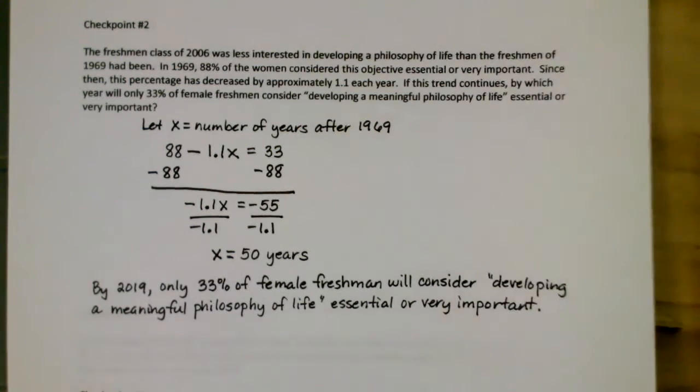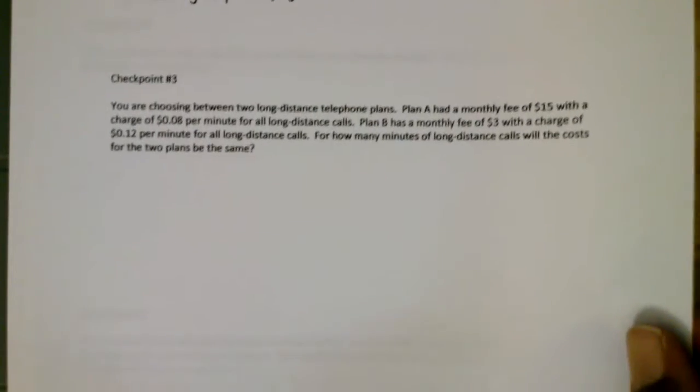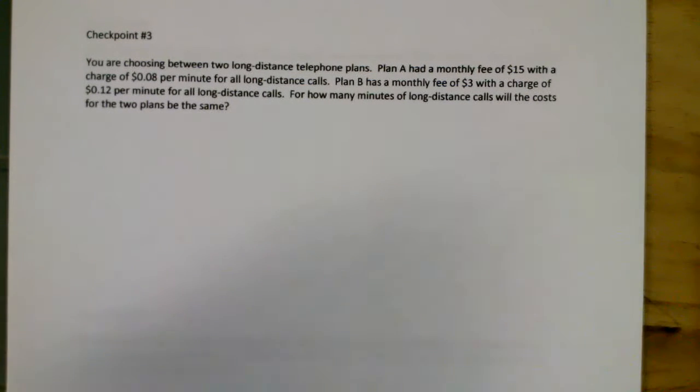Okay. Let's look at another example or another word problem like this one. You're choosing between two long-distance telephone plans. Plan A has a monthly fee of $15 with a charge of 8 cents per minute for all long-distance calls. Plan B has a monthly fee of $3 with a charge of 12 cents per minute for all long-distance calls.